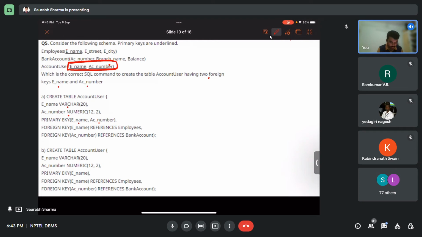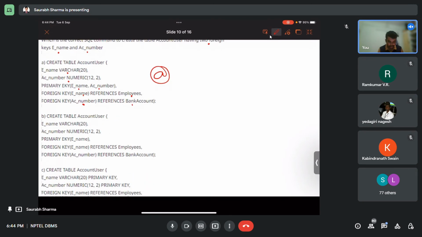Name should reference something, and name is referencing employees, that is correct. Account number is also a foreign key, so it should also reference some relation, and that relation is bank account. So A is correct.